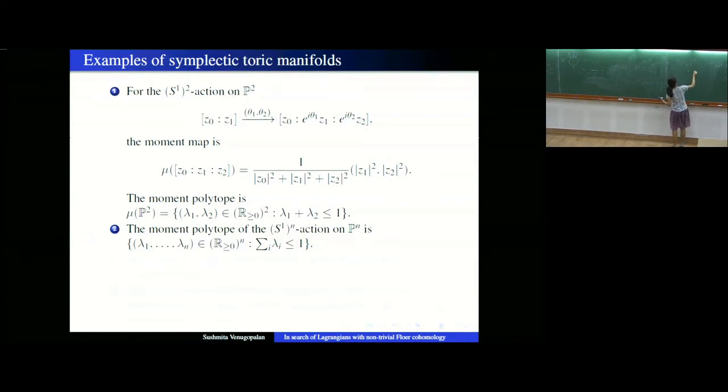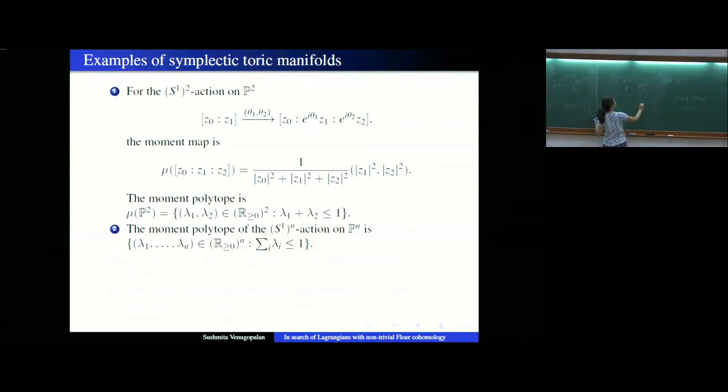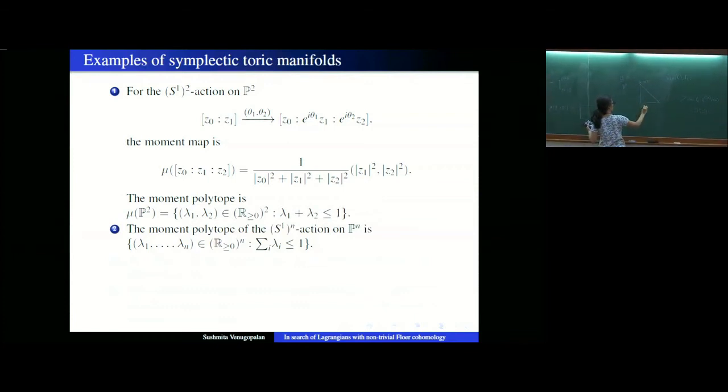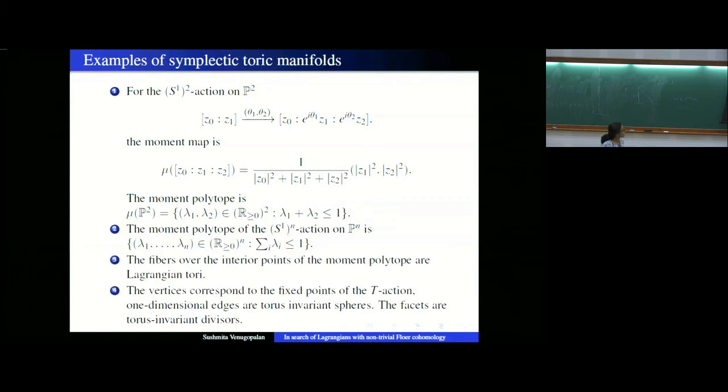Is P2, whose moment polytope is a triangle. And this, for example, is the divisor Z1 equals 0. So I'll say this later, that the vertices correspond to fixed points of the torus action, and one-dimensional edges are torus invariant spheres.